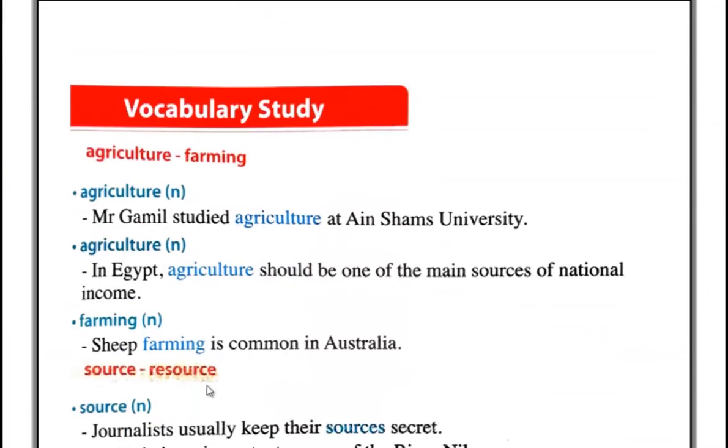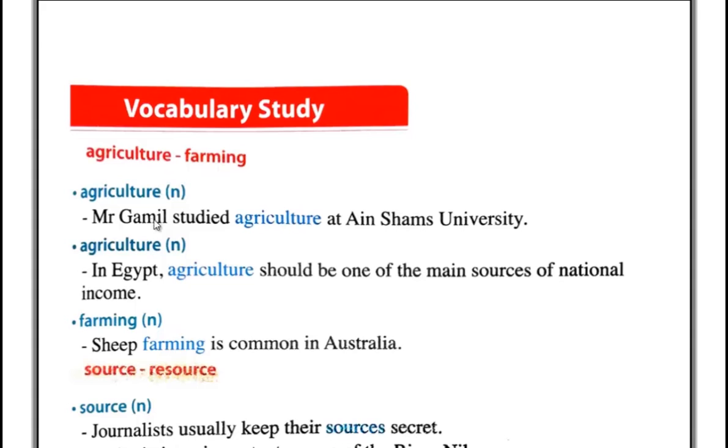As for agriculture, this is the last part today. Agriculture. Okay. Agriculture, the practice or science of farming. Agriculture is practicing the science of farming. It is a science of farming.